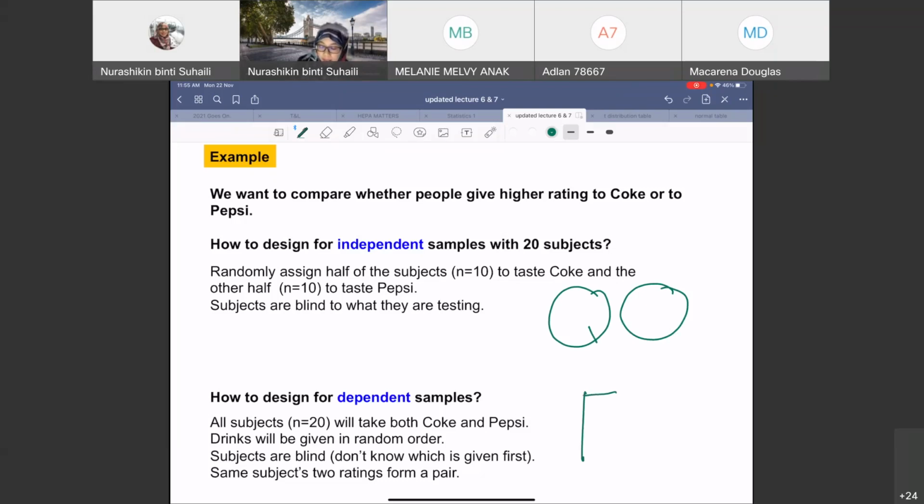But if you have dependent samples, say the same subjects, people consume product A, and then the same set of people consume product B, and you compare side by side like this, that is dependent samples. Whereas if you have sample A, you don't care about the order, you compare randomly between the 2 samples. So basically that's the difference between independent and dependent.